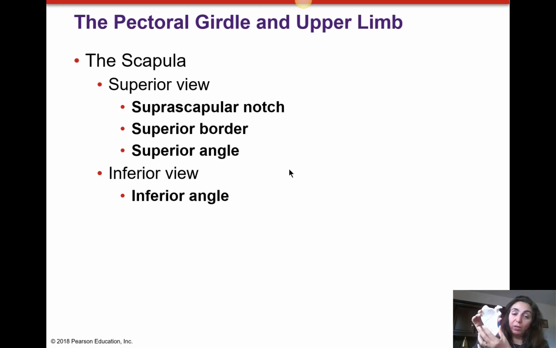This side is like a triangle, and one corner of the triangle is the inferior angle, so it's located toward the inferior, and this side that has all these things sticking out is superior. You have the coracoid process, and a notch here that we call the suprascapular notch, and this is the superior border, and you have the superior angle here. So by this, now you can easily say which side of the body this belongs to, right?